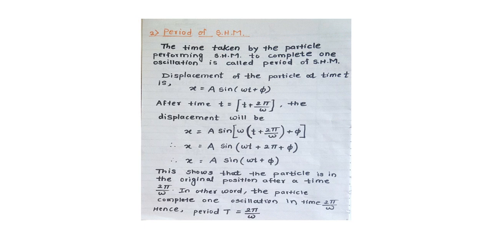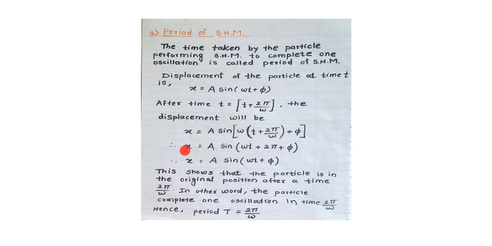Now, what is the period of simple harmonic motion? The time taken by the particle performing simple harmonic motion to complete one oscillation is called the period of simple harmonic motion. You know that the displacement of the particle at time t is x equals a sin(omega t plus phi), and after time t plus 2 pi by omega, the displacement will be x equals a sin(omega(t plus 2 pi by omega) plus phi).